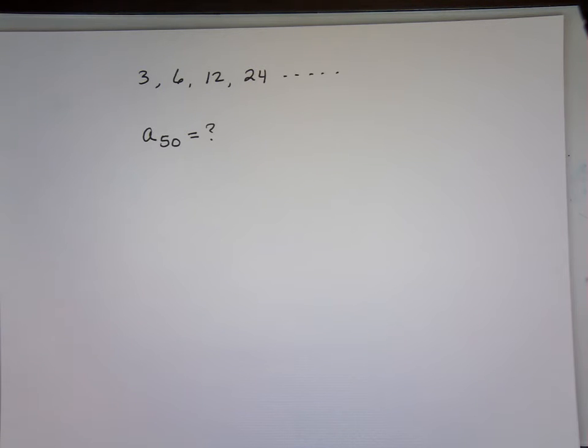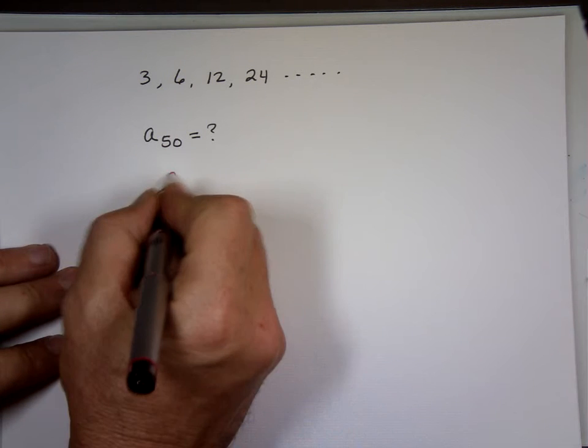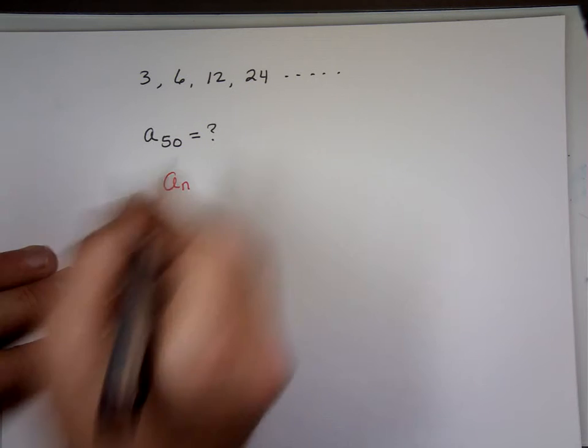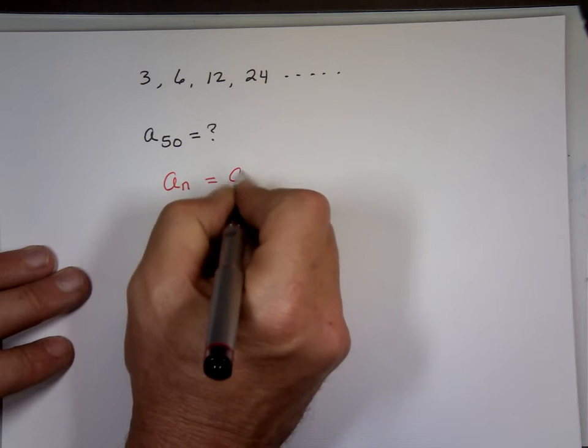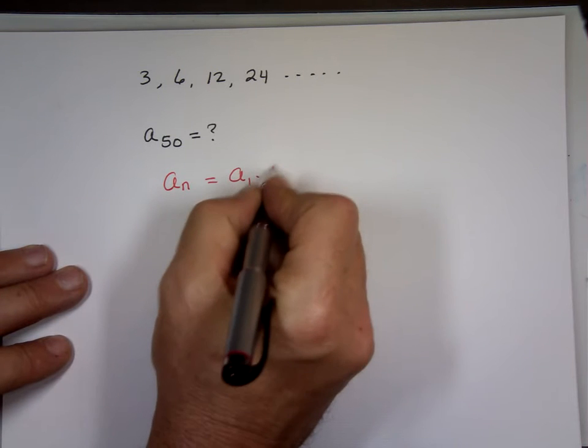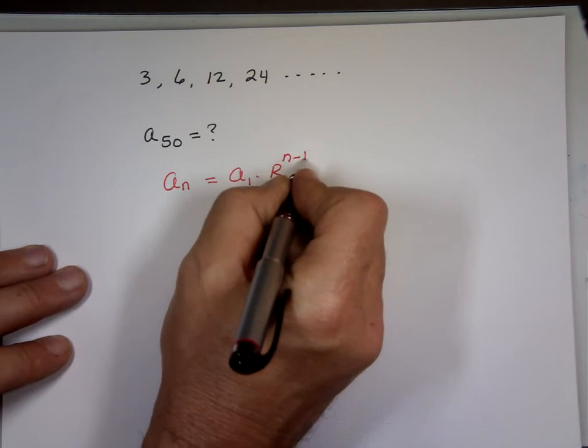So to jump to that answer, we have an equation that will take us there. If you want to find the nth number, you take the first number and multiply it by r to the power of n minus 1.